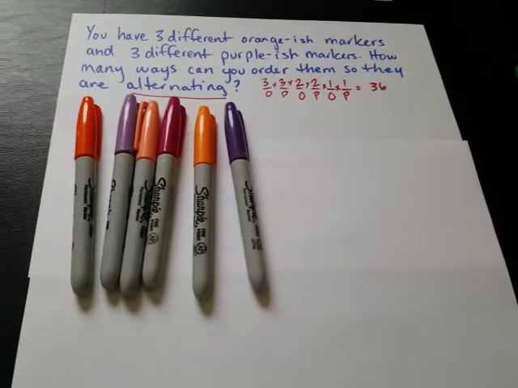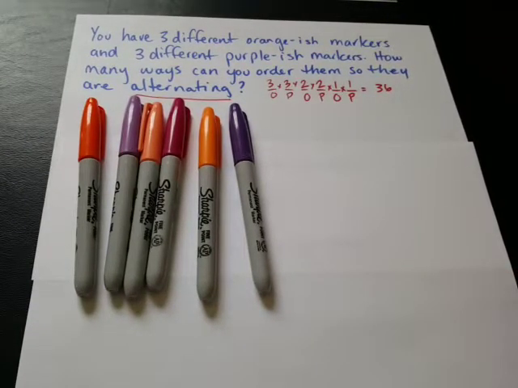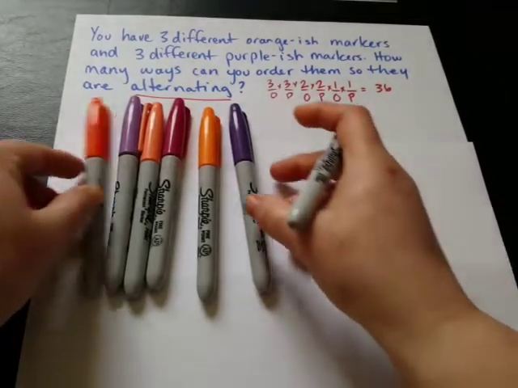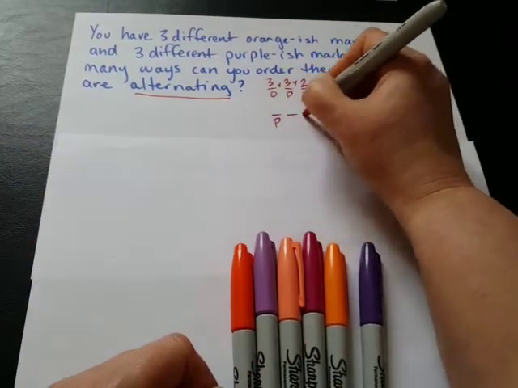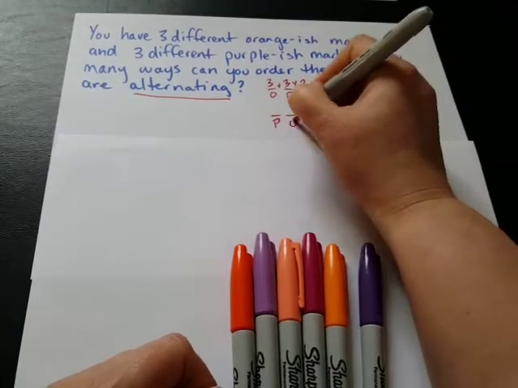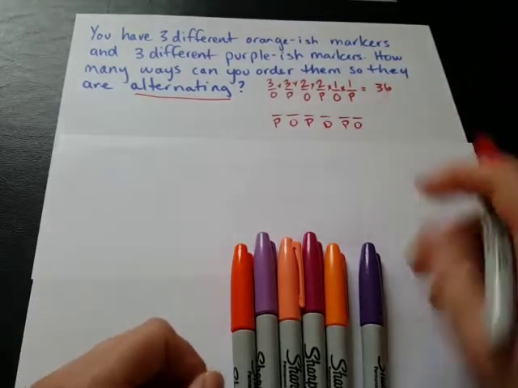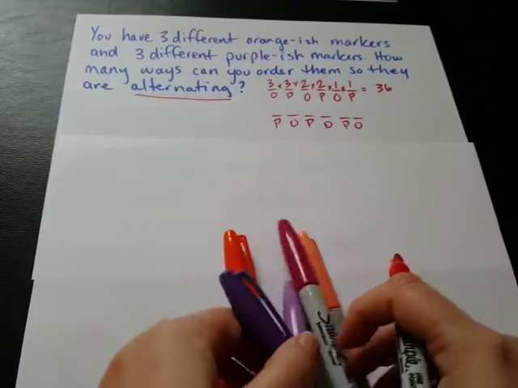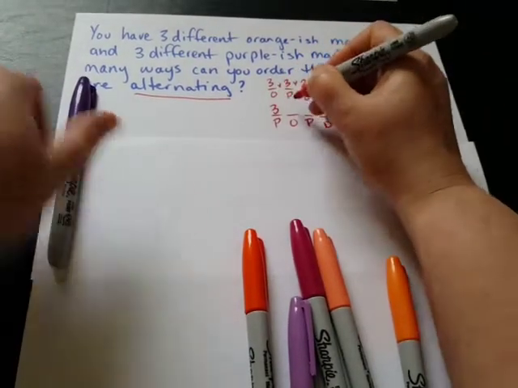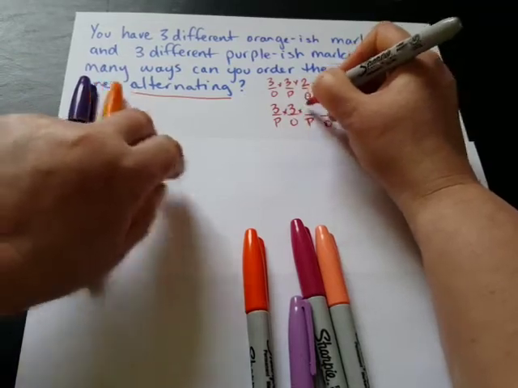But the problem is that it didn't say that orange had to be first. So there's another way to do alternating, but with purple first. It'll be purple, orange, purple, orange, purple, orange. Again, we've got 3 choices for the first purple, 3 choices for the first orange.